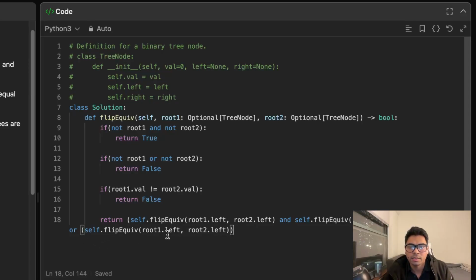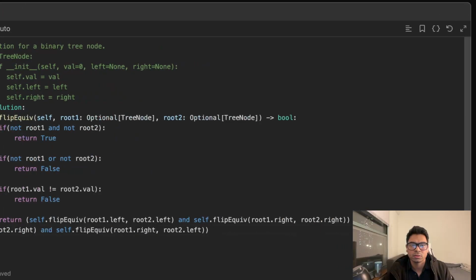So this will be root1's left to root2's right, and root1's right to root2's left. Yes, that's pretty solid.